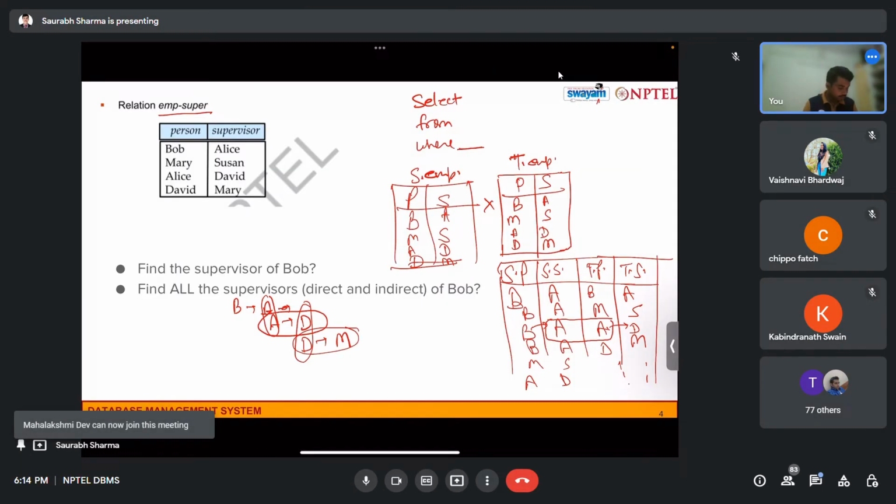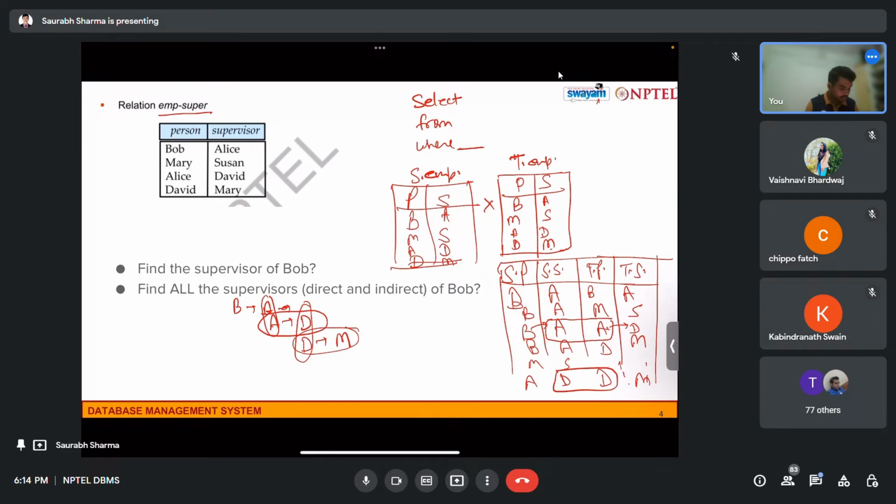From AD, when we perform the Cartesian product, there will be a tuple which will provide AD into DM.